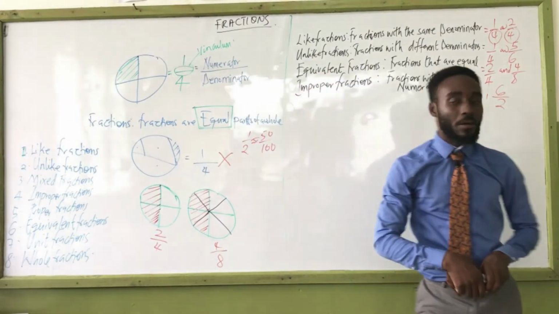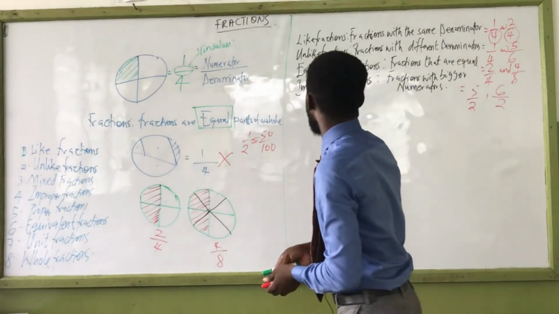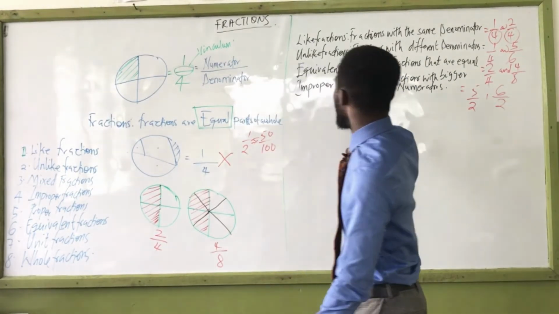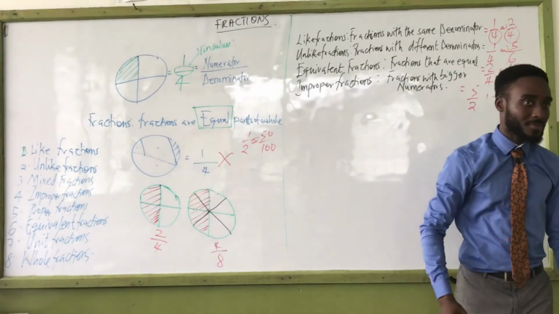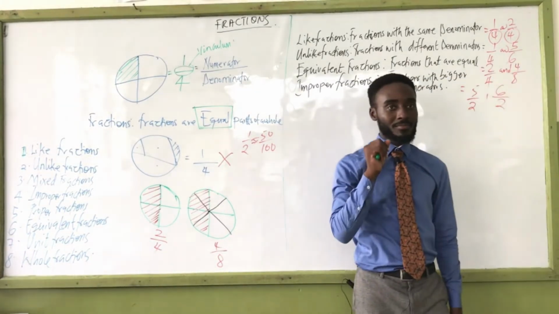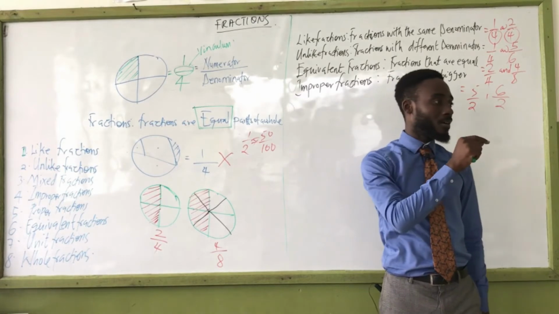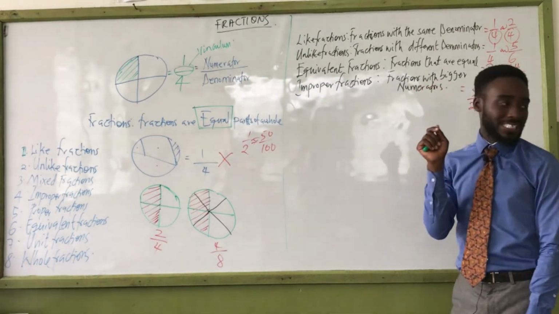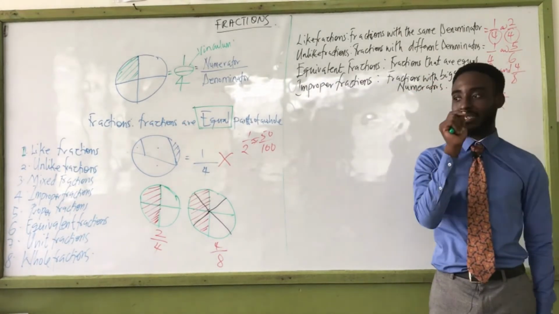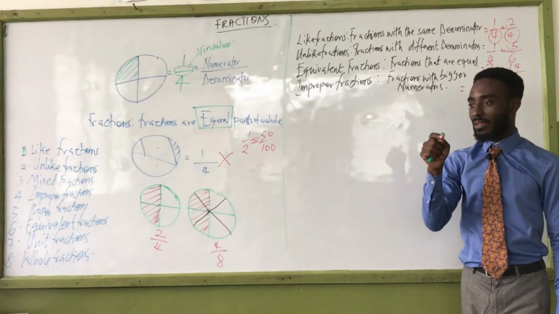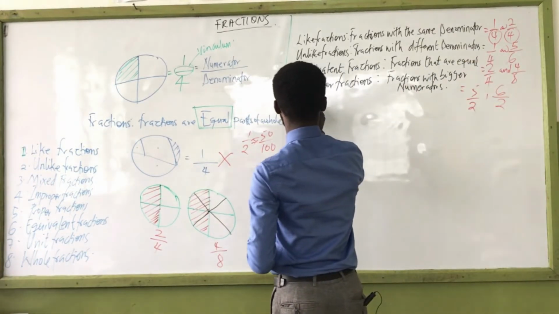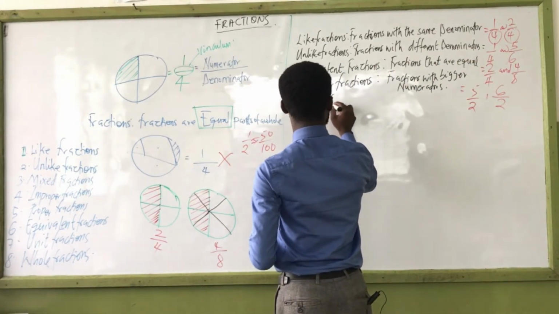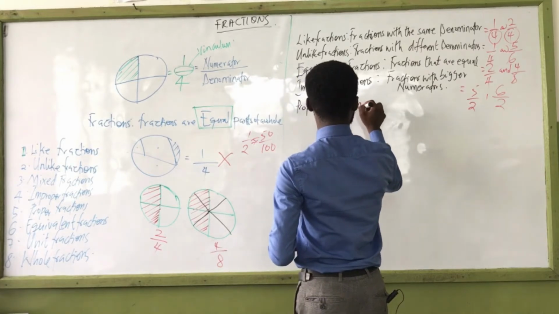Any other example? So I think we've done like fractions, unlike fractions, equivalent fractions. Pick a fraction and then explain what it means. Okay, proper fractions. What are they?